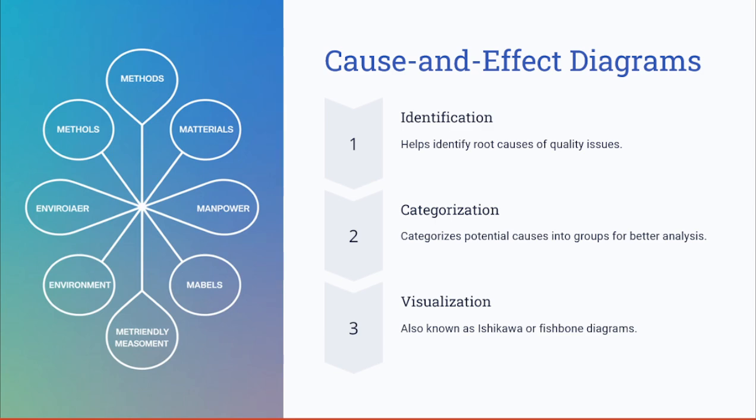It helps you identify the root causes of the quality issues, and it helps you categorize the potential causes into groups for better analysis. The cause and effect diagram, or the Ishikawa or the fishbone diagram, is a systematic tool for identifying the root causes of quality problems. For instance, let's take a software development project which is experiencing some delays.